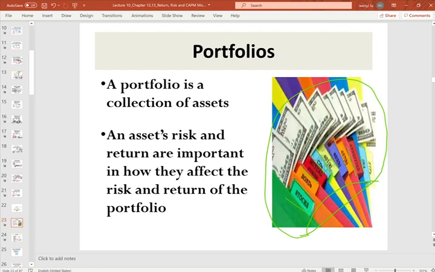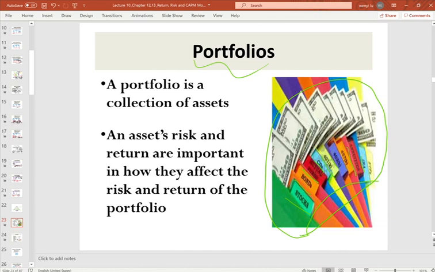All these can be combined into one package called a portfolio. A portfolio is like a menu, including different ingredients and different dishes. So a portfolio is a collection of various assets.